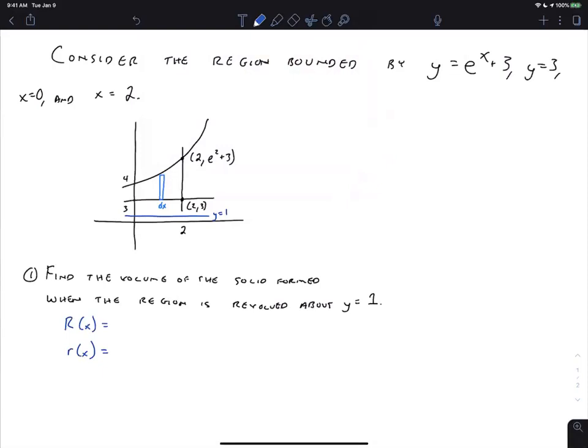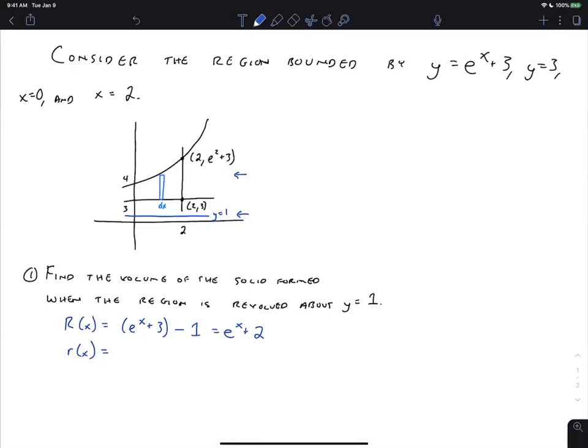Big R is the distance from the top of the rectangle to the line because the top of the rectangle happens to be farther away. So we take the top y minus the bottom y. The top y is e to the x plus 3. The bottom y then is 1, and so we get e to the x plus 2.